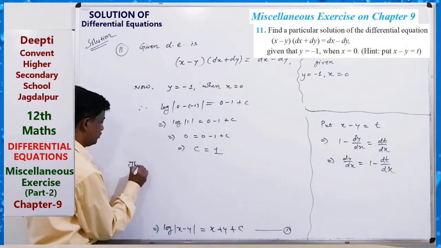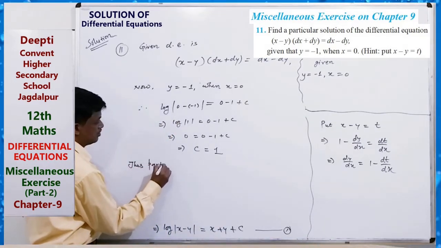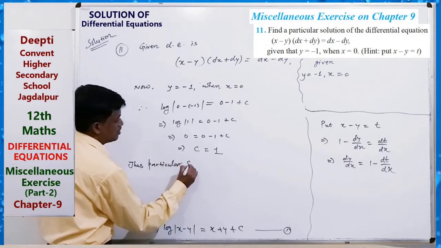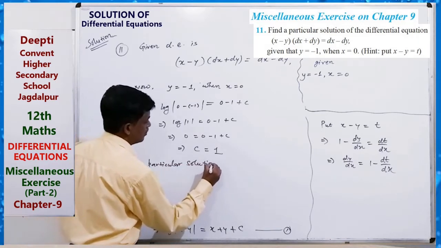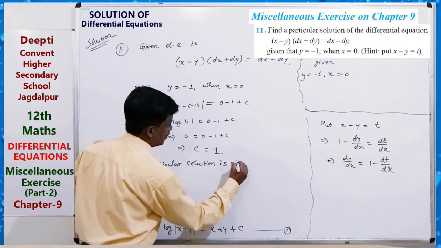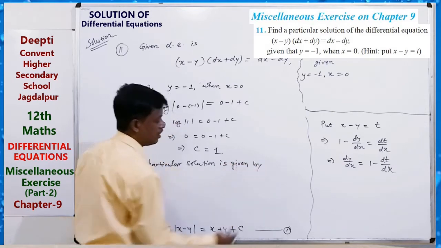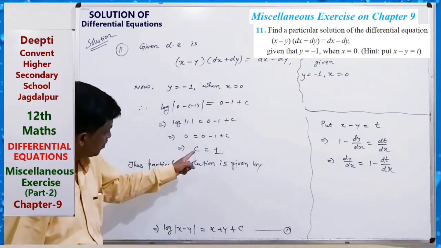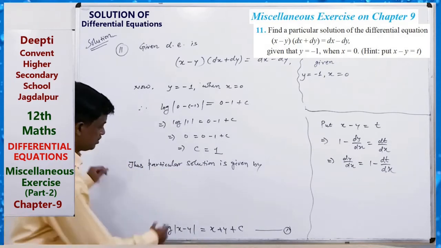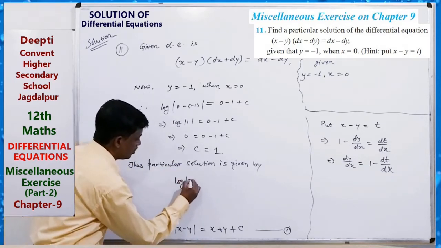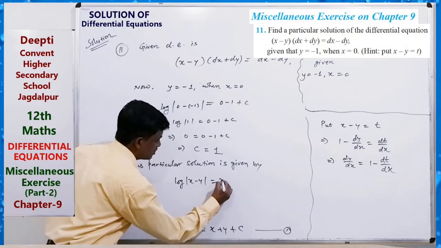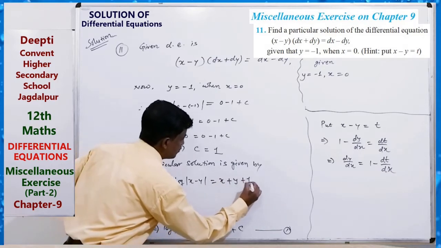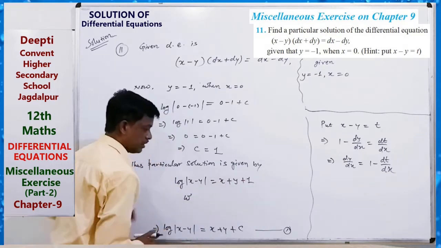Thus the particular solution is given by putting c equals to 1 here: log of (x minus y) equals to x plus y plus 1.